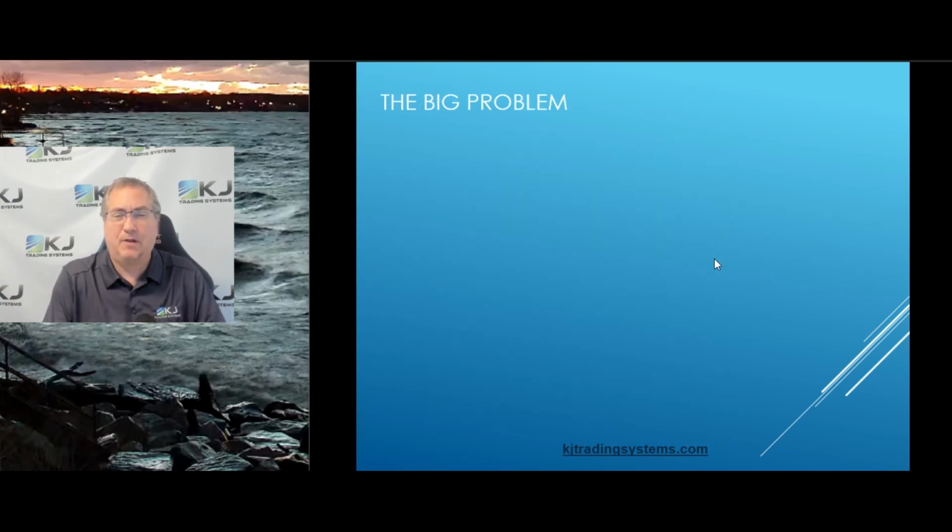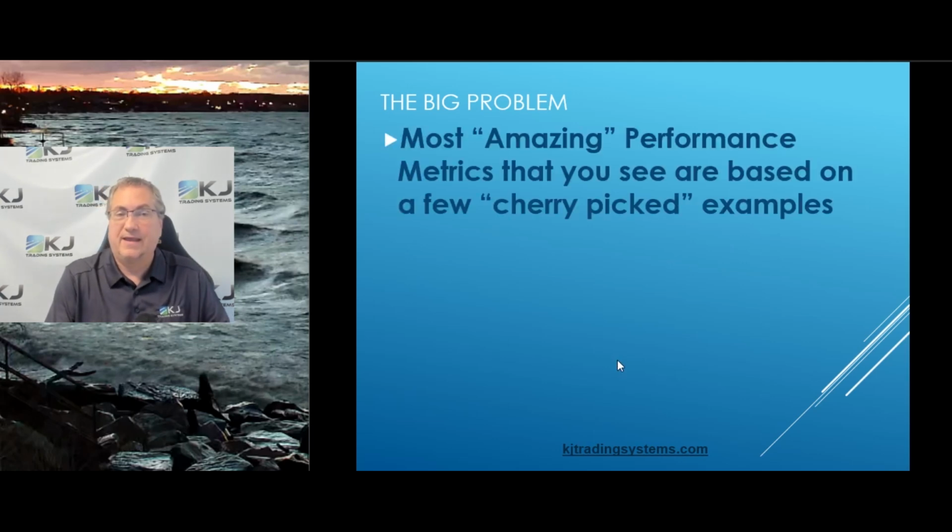The big problem when you start to look at these performance metrics is you can just cherry pick the ones you want and get great performance. Somebody might say, hey, those two equity curves are the same because I'm only looking at net profit and max drawdown, right?